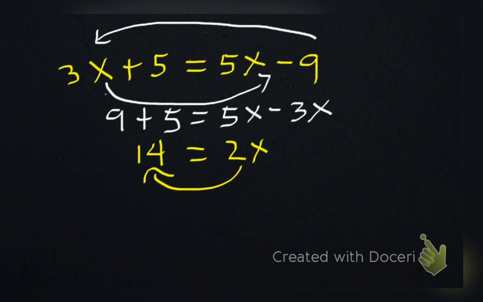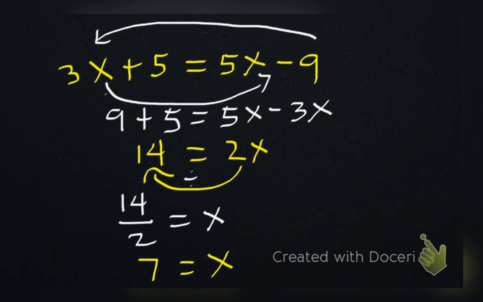Now let us isolate x by itself. So we know that the inverse of multiplication is division. What we will do here, we will divide 14 divided by 2 to get x by itself. Now 14 divided by 2 equals 7. There you go. We have our x.